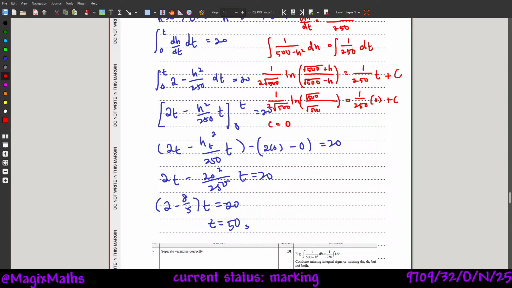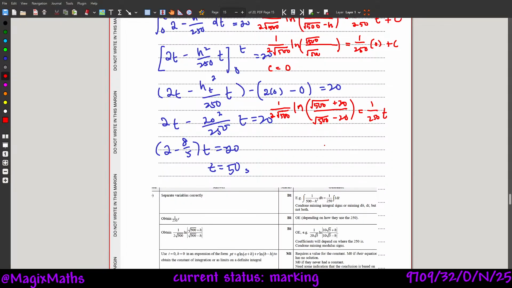We want to find the time when h is equals to 20. So time, and then it's just moving all of that.